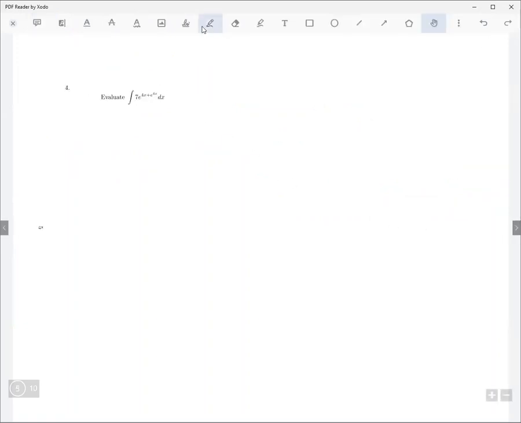Let's go to number 4. This one looks a little bit tricky, and at first you probably think, whoa, what the heck? You've got this 7e to the 4x plus e to the 4x. So that looks kind of complicated, right?